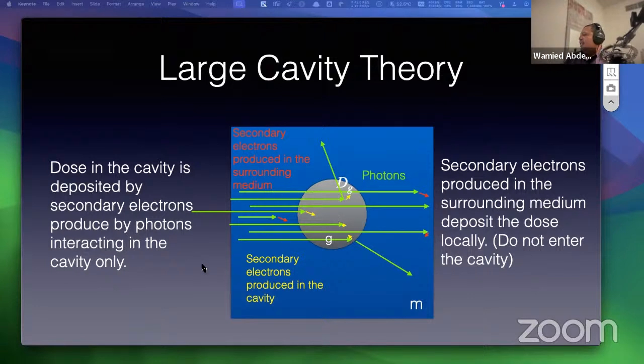Essentially, in the large cavity theory, the medium does not exist. So if we look at the dose in the cavity, the dose coming from photons interacting with the cavity in the large cavity theory, essentially, the surrounding medium does not exist. The dose is blind to that. It does not see that. So that's essentially what this means.